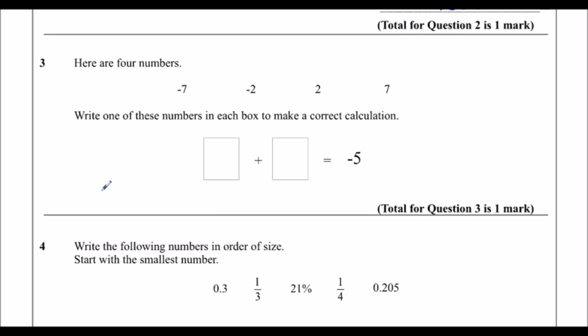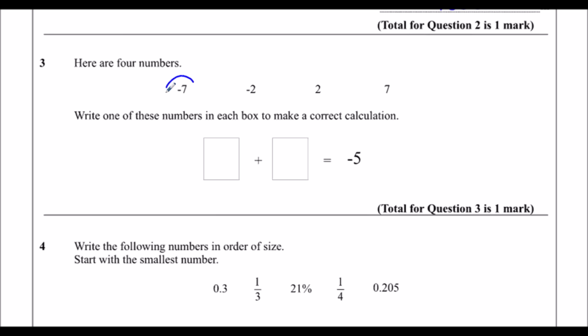Question 3. Here are 4 numbers. So we've got -7, -2, 2 and 7. And we need to write one of these numbers in each box to make a correct calculation. And they have to add up. 2 of these numbers have to add up to make -5. How can we get a -5 out of these?